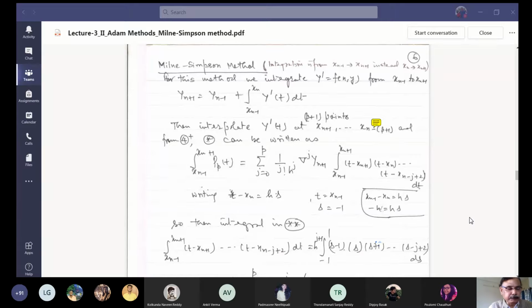Did you understand that? Yes, sir. Okay. Basically, it is xn minus p plus 1, whichever way you understand. If you put the bracket, then it is xn minus inside the bracket p minus 1, right? So up to p minus 1 points basically we are going.